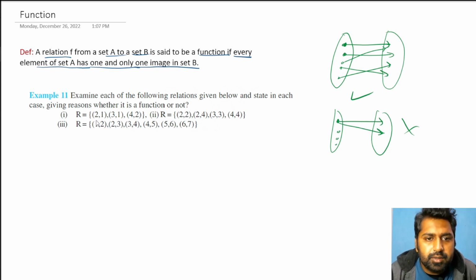Let's understand with the help of this example, perfect example to understand. So there is a relation given (2, 1), (3, 1), (4, 2), and he is asking that judge whether this is a function or not. Again, I will draw this.